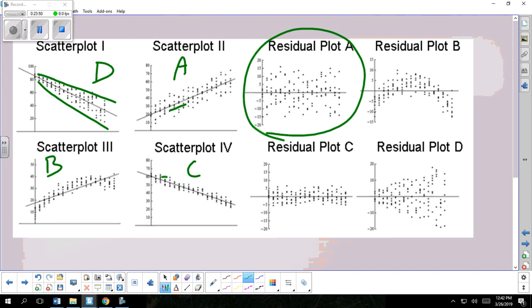We know a line's a good fit when the plot looks like plot A. This has quite a few points on it. When we're looking at a smaller amount of points, it'll be slightly different.